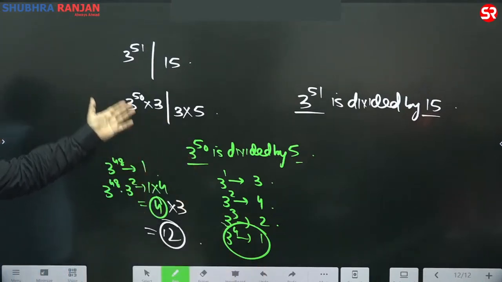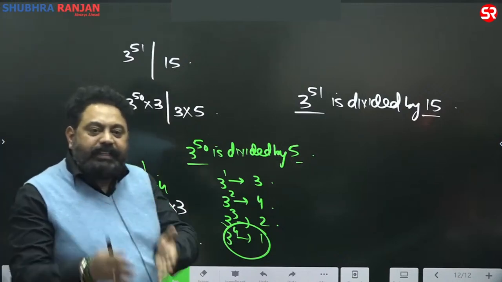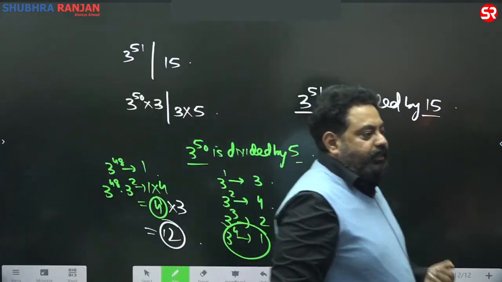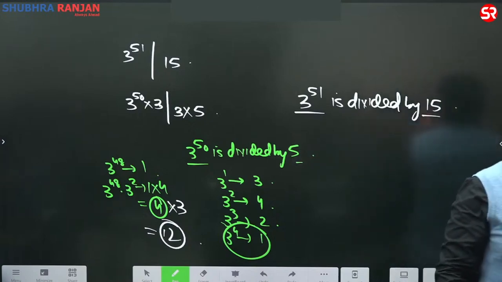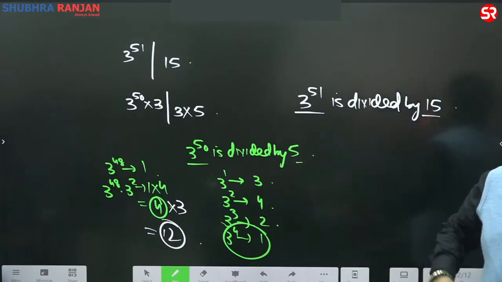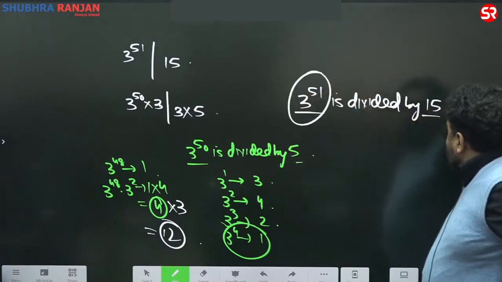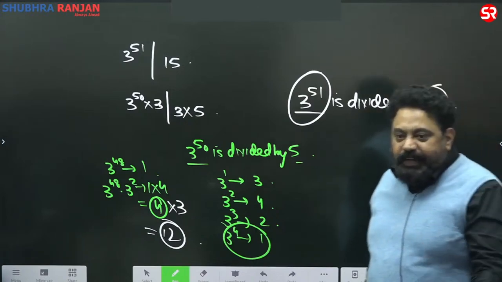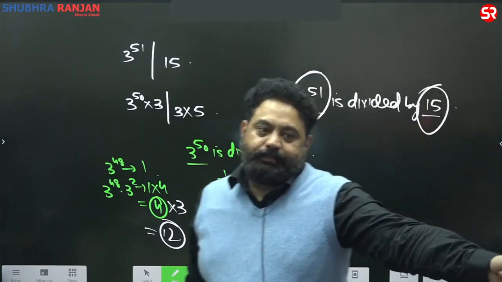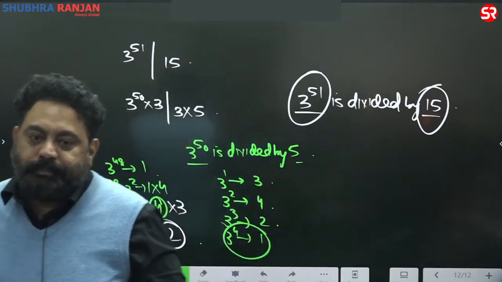You did all the process, you found the remainder, at the end bring that back. The 3 that was actually cancelled, we brought it back, answer is 12. So whenever there is a common factor between these two quantities, adjust the common factor, find the remainder, bring it back. Clear?